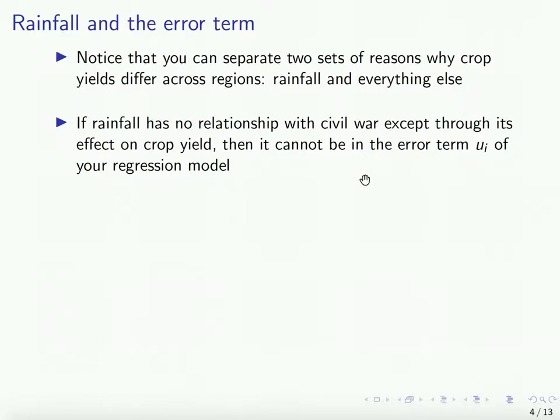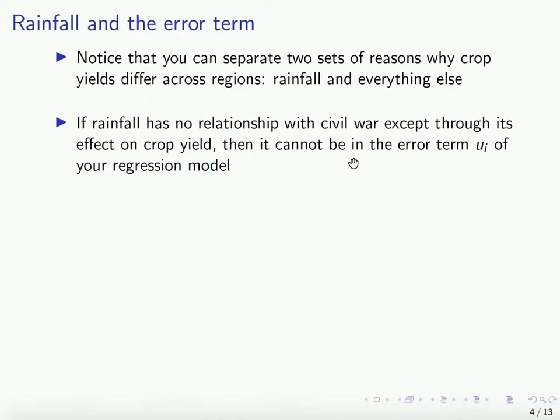Remember what would constitute an omitted variable bias. It would be if rainfall was correlated with crop yield and a determinant of civil war. Here, what we're hoping, what we're going to use, is the fact that rainfall only has an effect on crop yield and not on whether people are going to war.